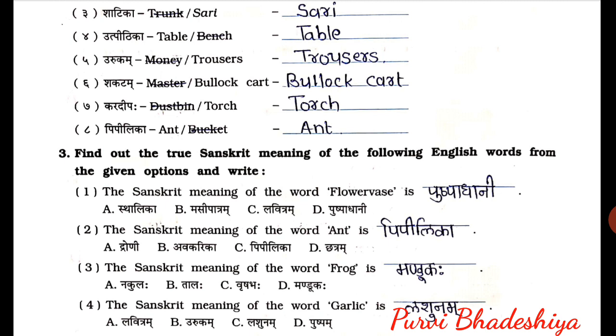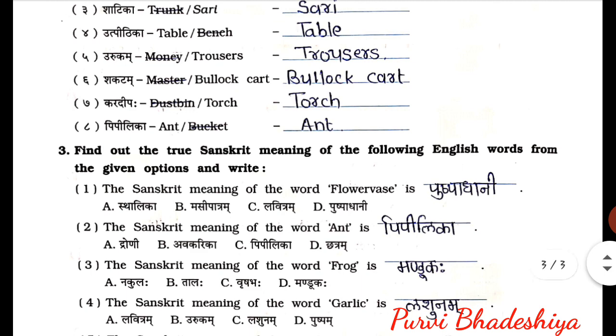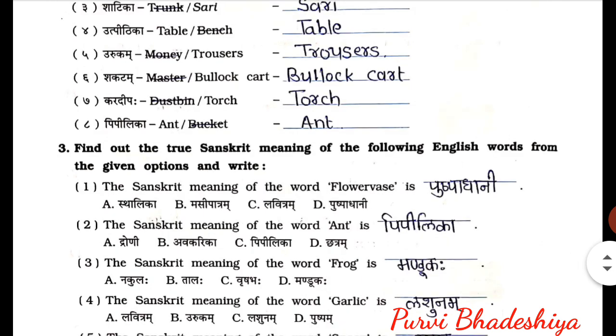Sixth one, Sakatam. Two options are there, master and bullock cart. So the correct answer is B-U-L-L-O-C-K-C-A-R-T, bullock cart. 7 number, Karadeepah. Two options are there, dustbin and torch. So the correct answer is T-O-R-C-H, torch. 8 number, Pipilika.